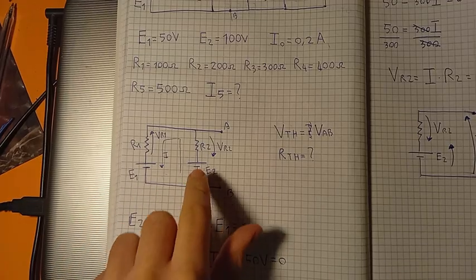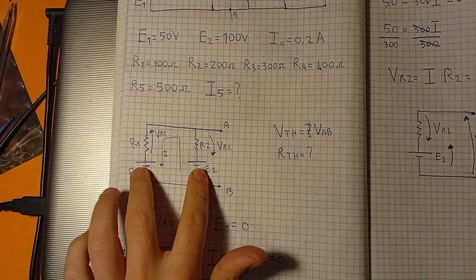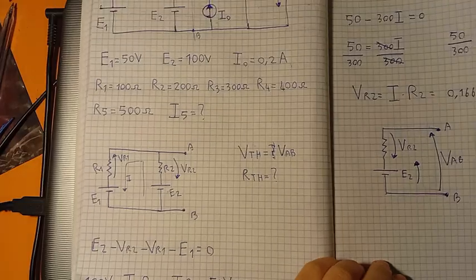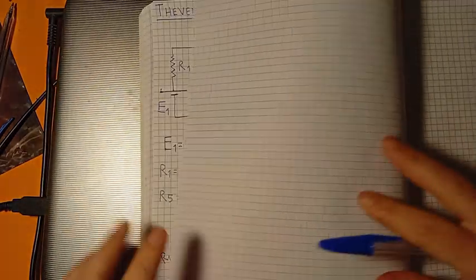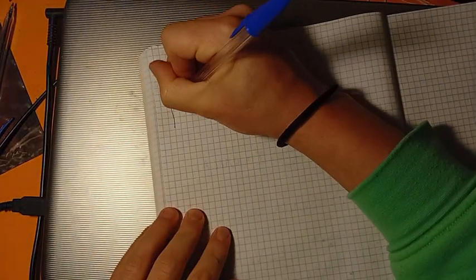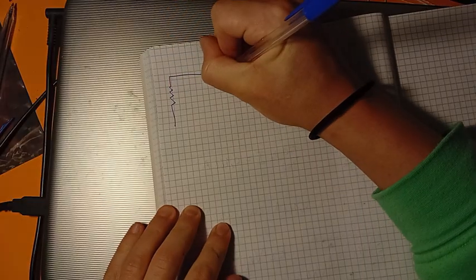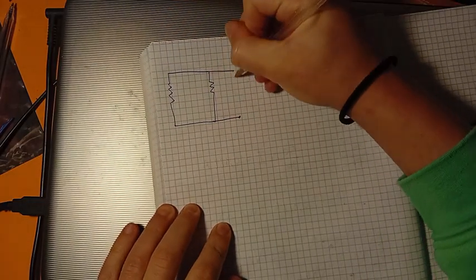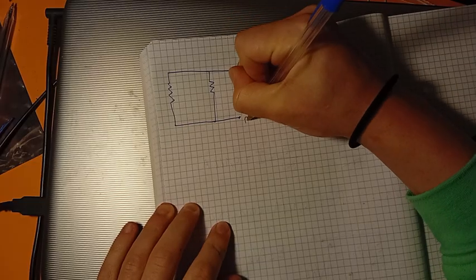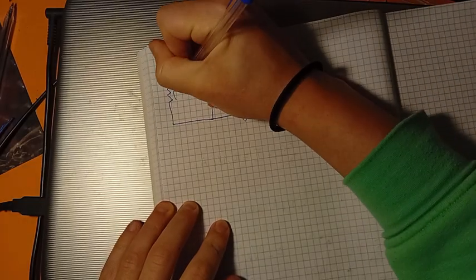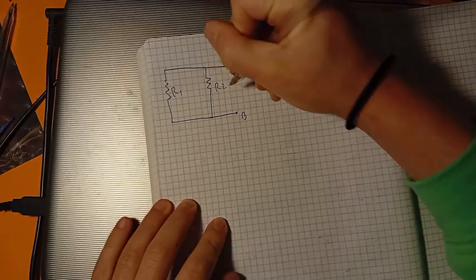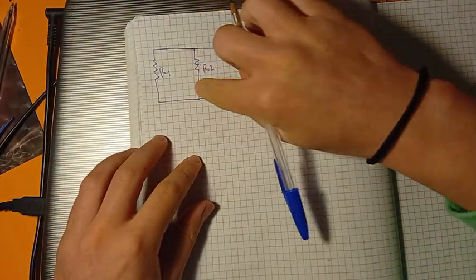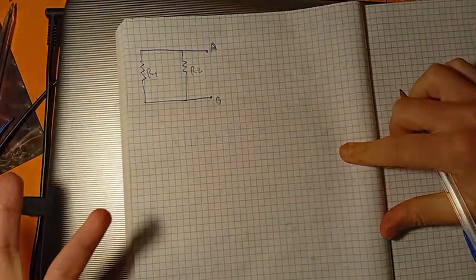So what I do is this: resistor 1 and resistor 2. We have just put a wire in place of the voltage source.